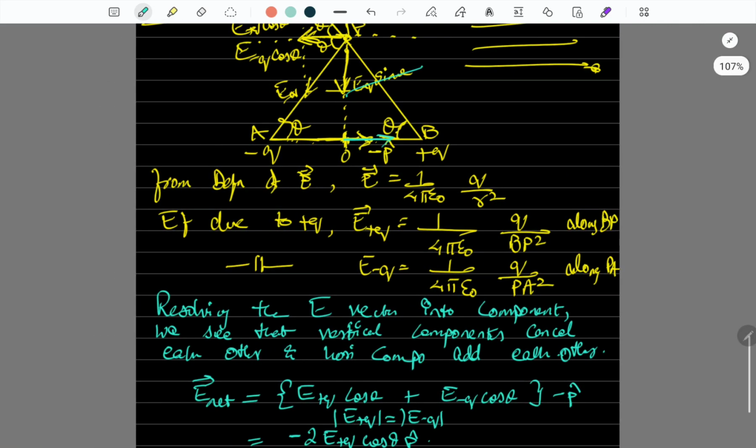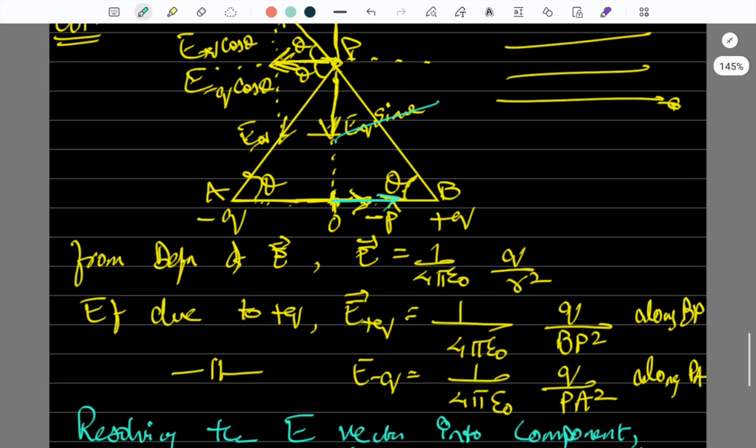अब थोड़ा जल्दी से BP square क्या होता है वो देख लेते हैं. Okay, I'm drawing another triangle here just to understand.